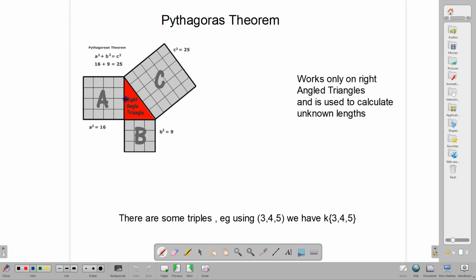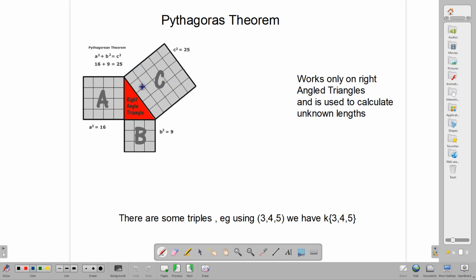In doing that, you realize that once you get a right-angled triangle to form, the square on this side plus the square on that side is equal to the size of the square on this side. That is, the length of this side of the triangle squared plus the length of this side squared is equal to the square of this side. Essentially, that gives us Pythagoras' theorem.